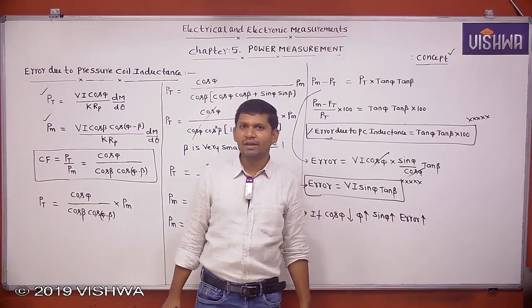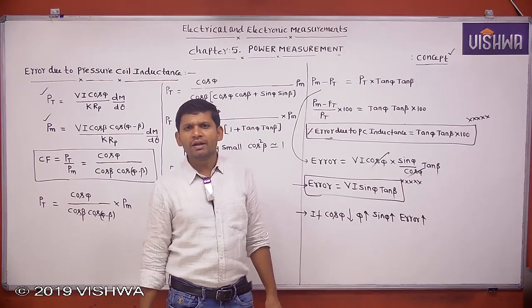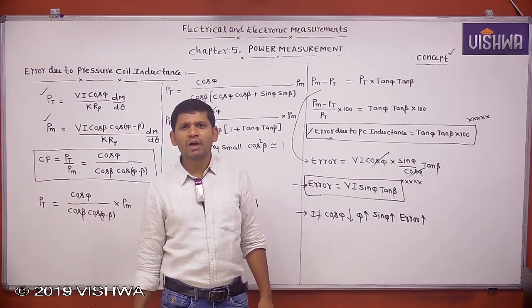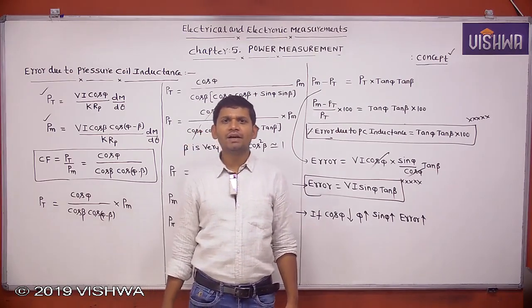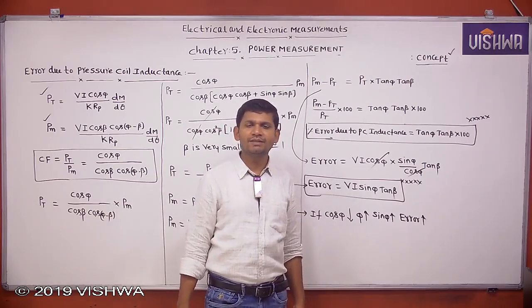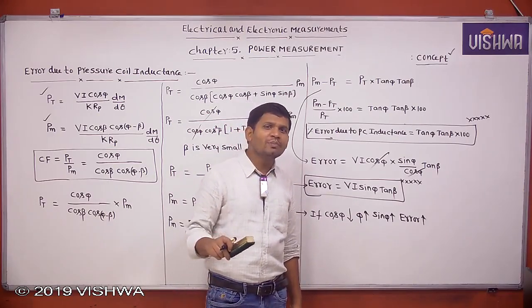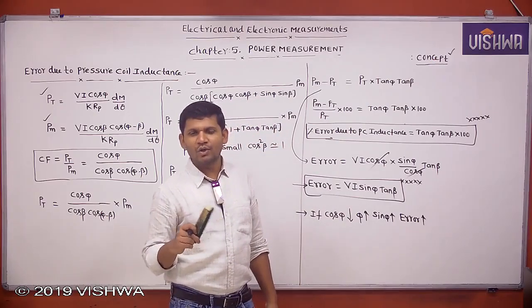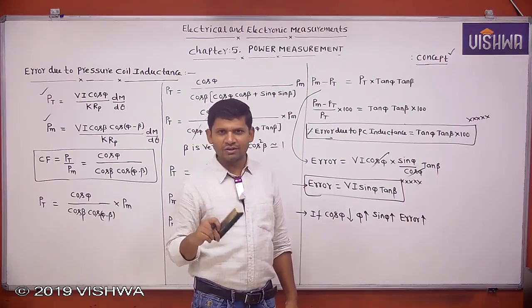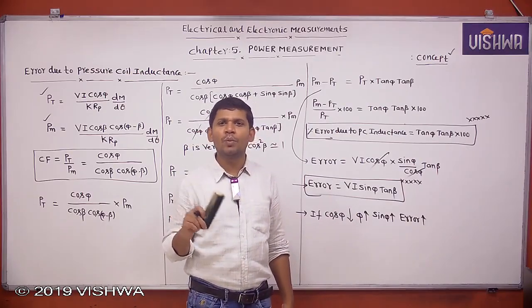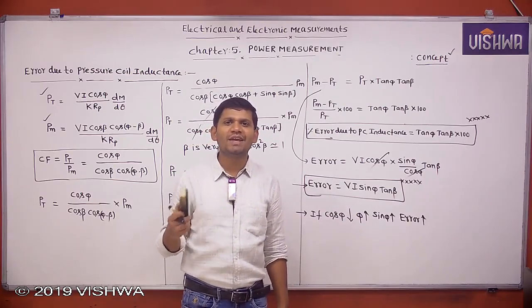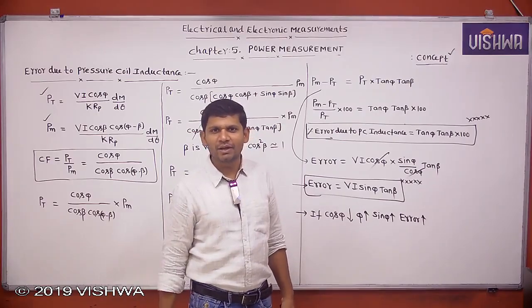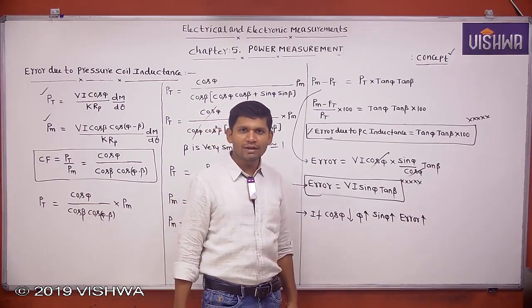That's the reason why, as you know, in the laboratory we have two types of wattmeters, UPF wattmeters and LPF wattmeters. The same wattmeter cannot be used at high power factor and low power factor, because at low power factor error is large. In order to reduce the errors at low power factor, we use a specially designed wattmeter, which is the LPF wattmeter, low power factor wattmeter.